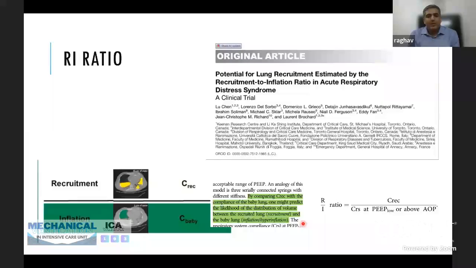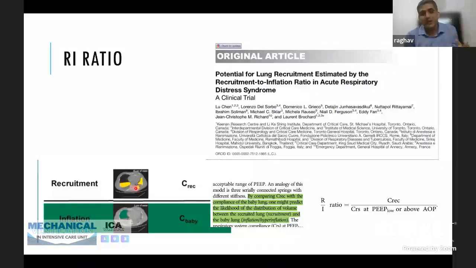Whenever we apply PEEP to a patient, some amount of the pressure goes to the collapsed lung and it leads to opening of this lung, as shown in this yellow marker on the CT scan. And some part of the PEEP goes to the already inflated lung, and this causes hyperinflation.